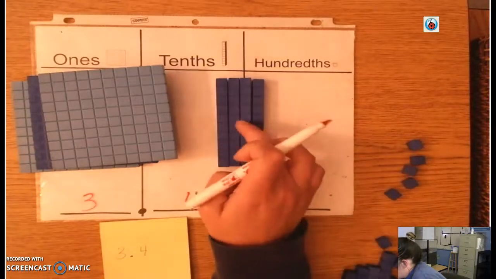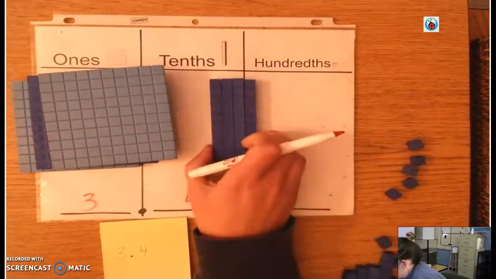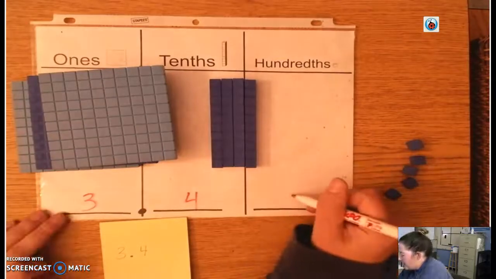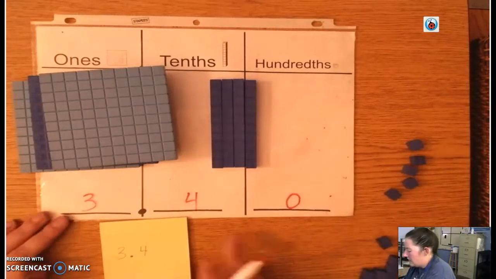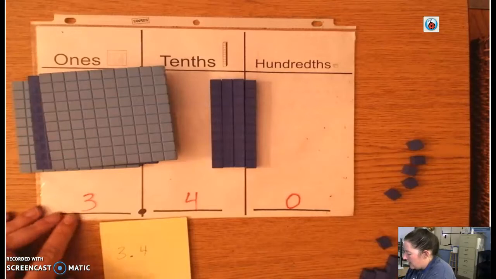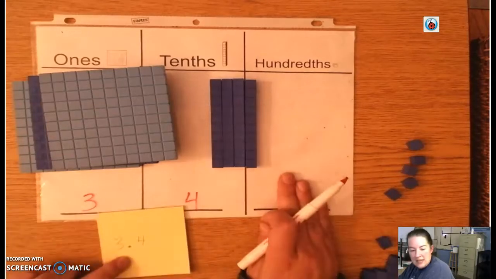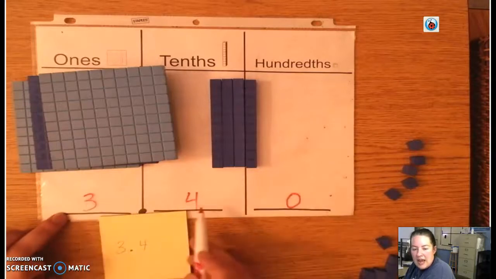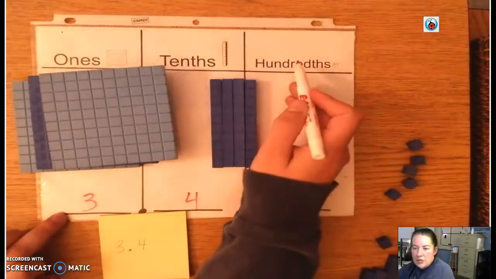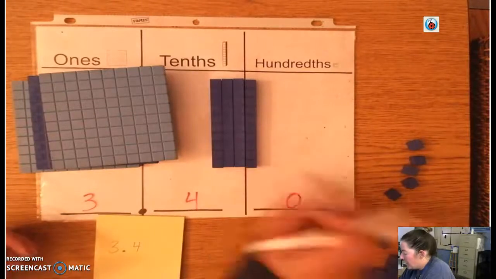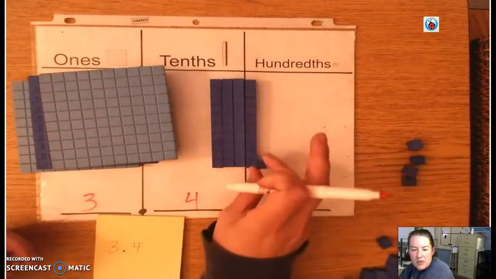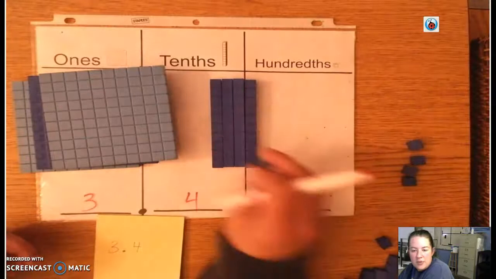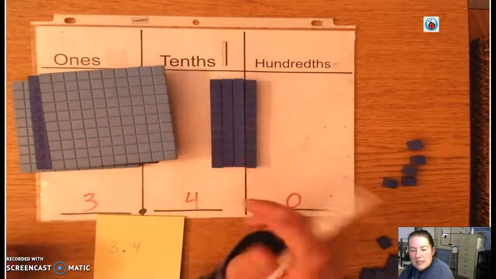So there's 10, 20, 30, 40 hundredths. Or I could fill in, do I have any hundredths? I have 0 hundredths. But I could say 3 and 4 tenths if it's written like this, or I could pronounce it 3 and 40 hundredths. Because I do have 40 of these little tiny guys, 40 hundredths would make up my 4/10.